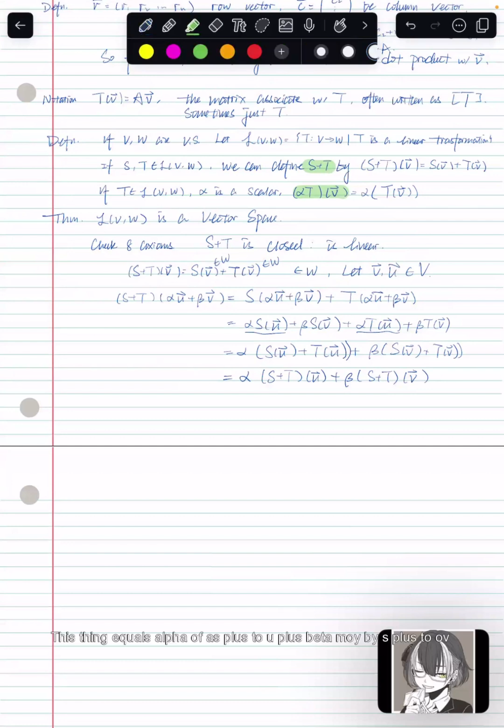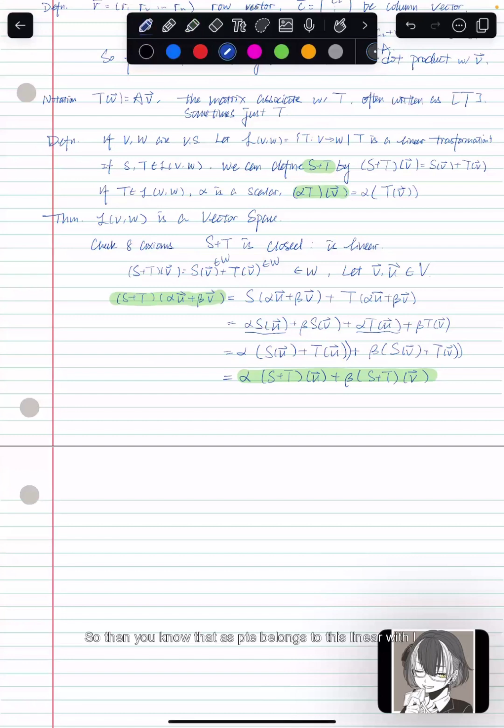So basically, we've proved that S plus T of this thing equals alpha of S plus T of U plus beta multiplied by S plus T of V. So then we know that S plus T belongs to this linear space L, the space of linear transformations.